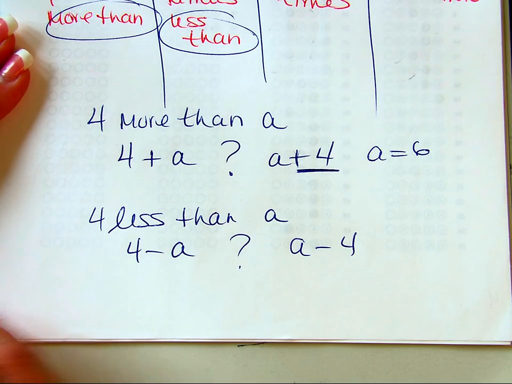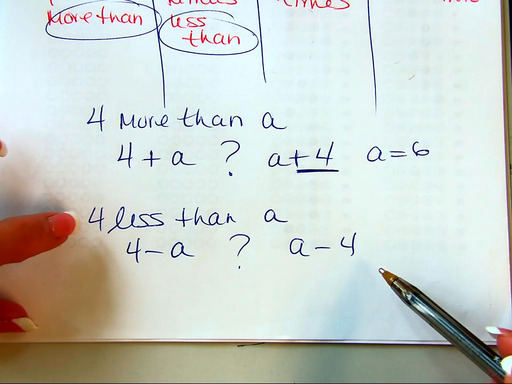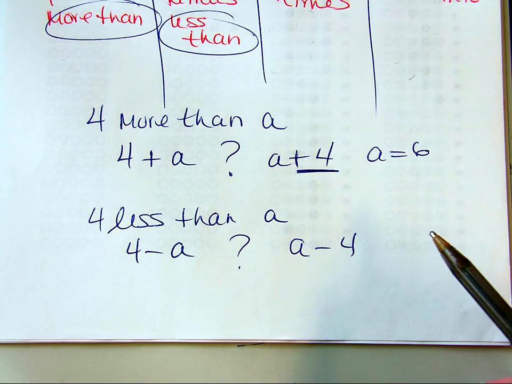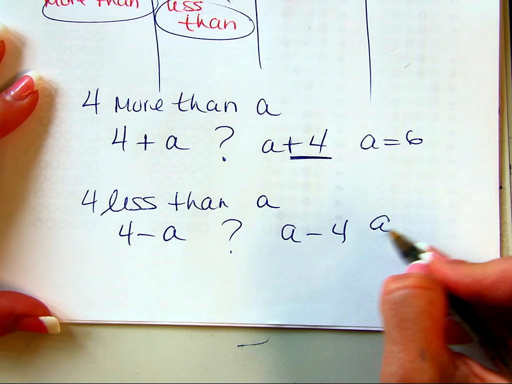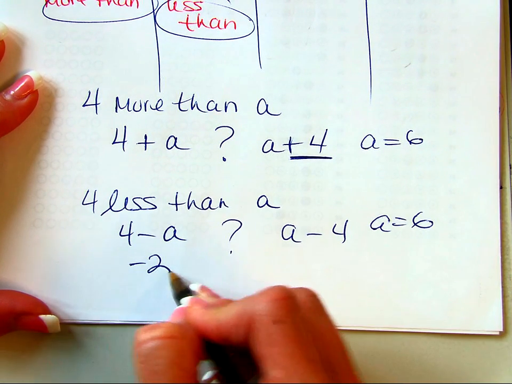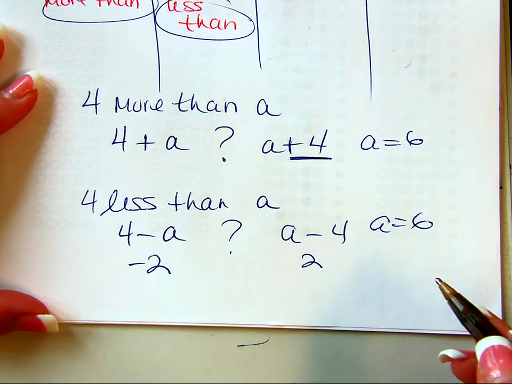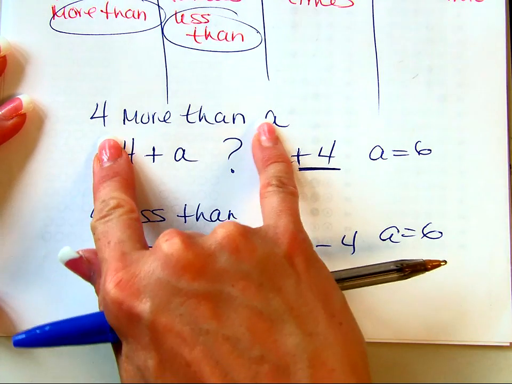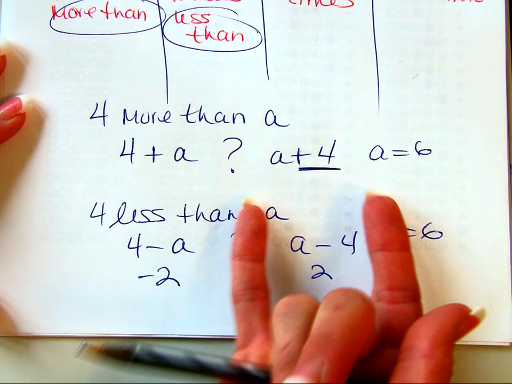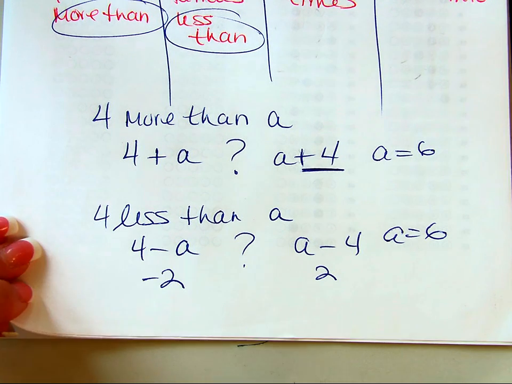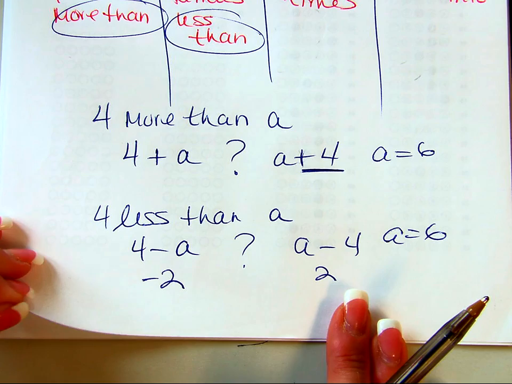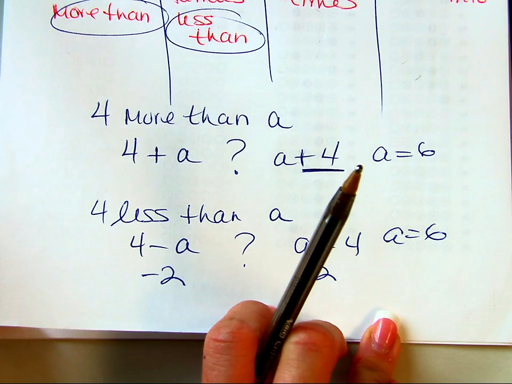No. So we have to keep that order straight for both the subtraction and the addition, regardless of whether or not it's going to give us the same answer. So obviously, if A is 6 here, this is going to give us a negative 2 as opposed to a positive 2. So be real careful. It's kind of like these are going to have to flip-flop around when it's for the words more than or less than, okay?